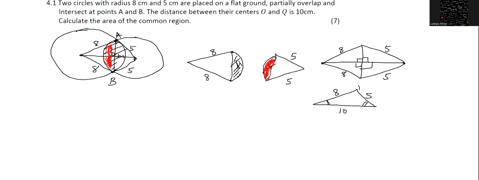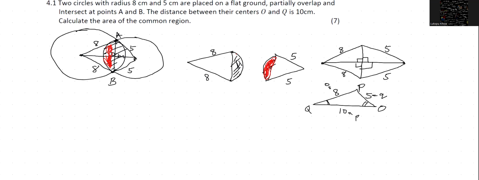So we have QO, and we call this P. Then this is side small q, side small p, and this is side small o.